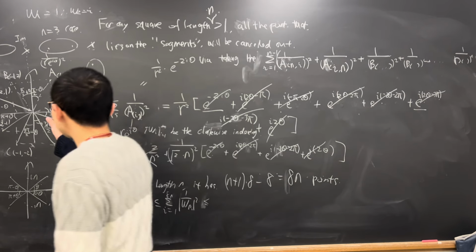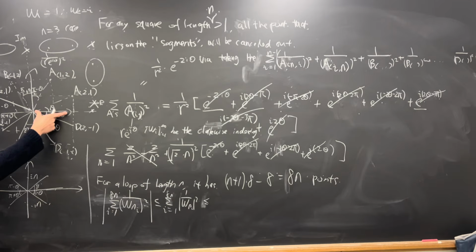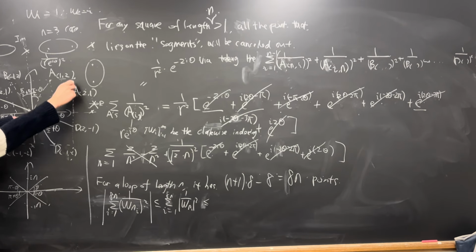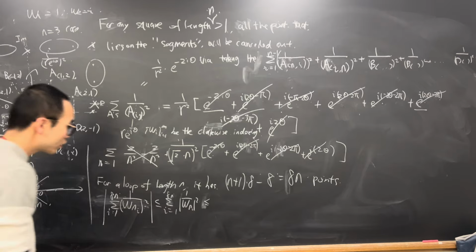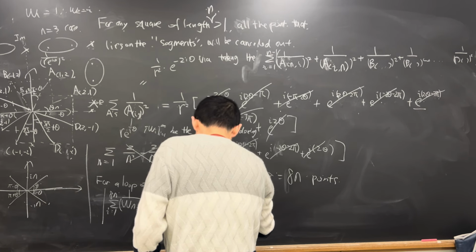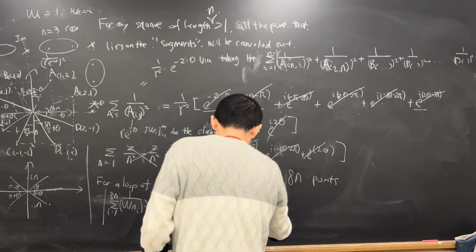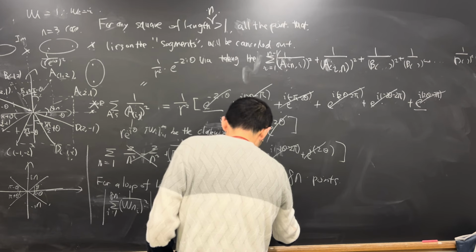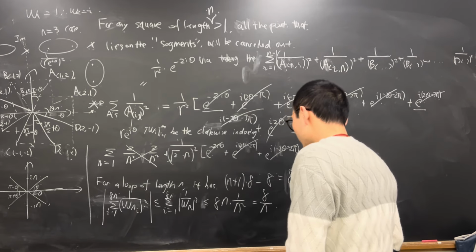The smallest radius is exactly this point, all the other points have bigger radius, and it has length n. So we have 8n times 1 over n squared, which is equal to 8 over n. So the modulus is less than 8 over n.